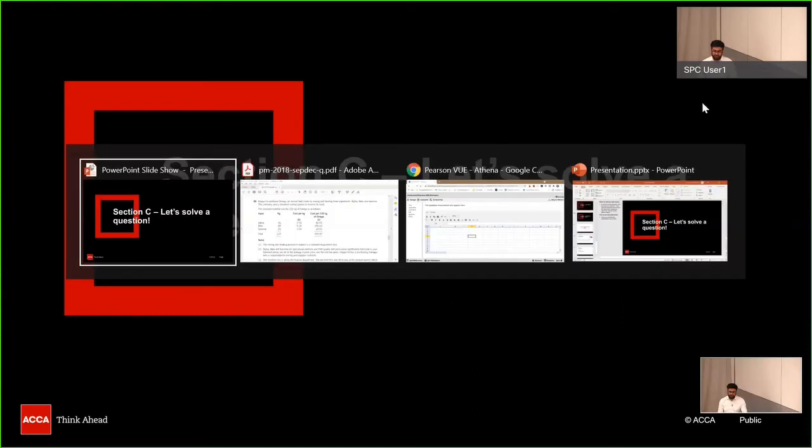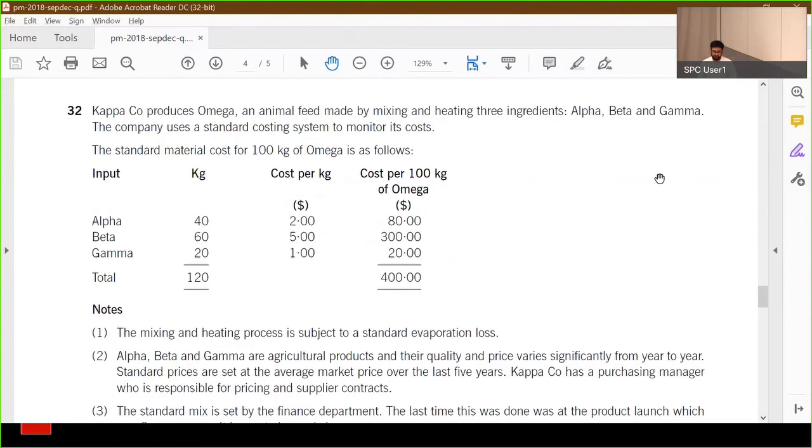Let's quickly look at the question that we will be doing for this 20 marker. The topic that I have selected here is variances because I believe it's a very integral part of the PM exam. If this variance question comes in the exam in section C, students can get very easy marks and it helps them to pass the exam.